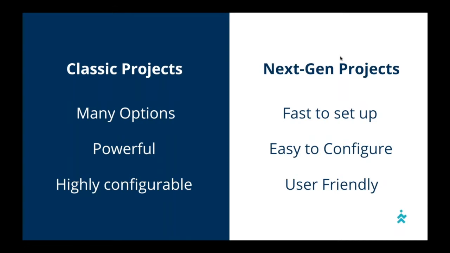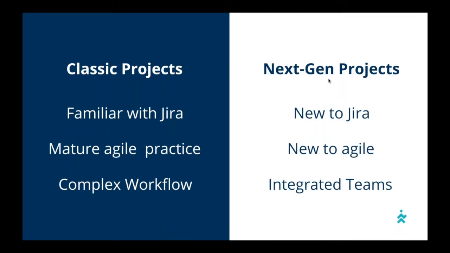So this is my suggestion if you want to start to use Jira right now, or if you are starting to use Agile right now, for example Scrum or something like that: you can use the next-gen project. This is my recommendation for you guys.